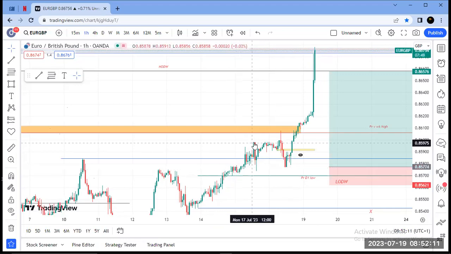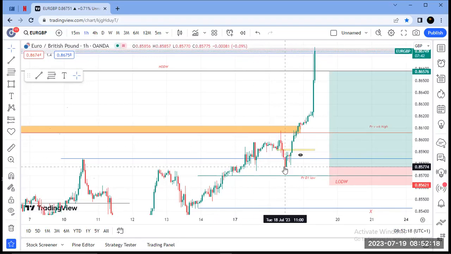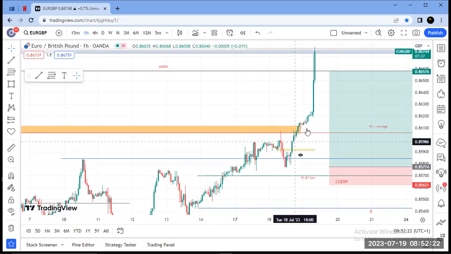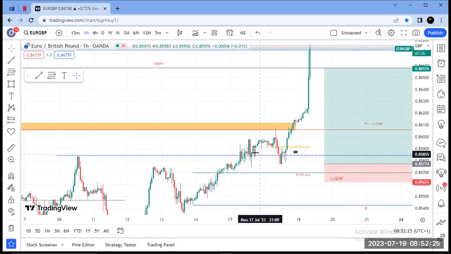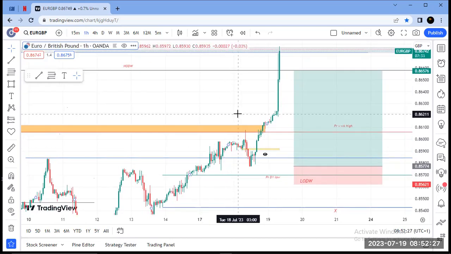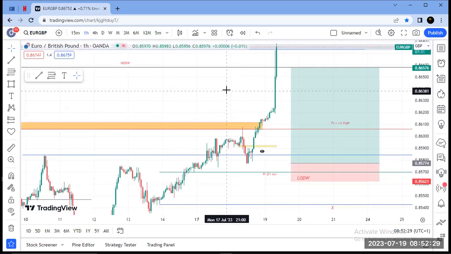Market just opened and begins to buy, came and capitalized on it, bullish order block, and it's bought up, made a higher high, then came again, it still capitalized off of that same bullish order block here, and we saw the market going up. So that's what I'm experiencing for Euro GBP.